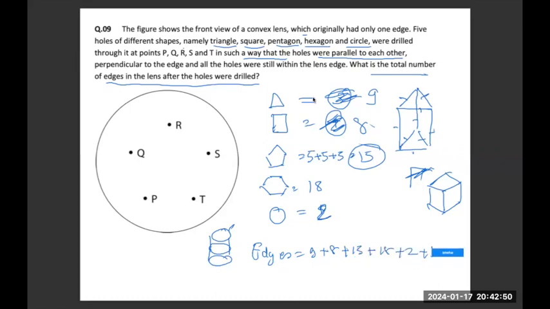This one is the edge which is already existing. So that comes to 57. Any doubts, any questions here?